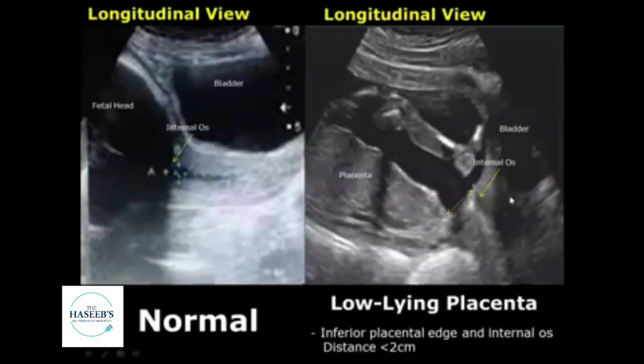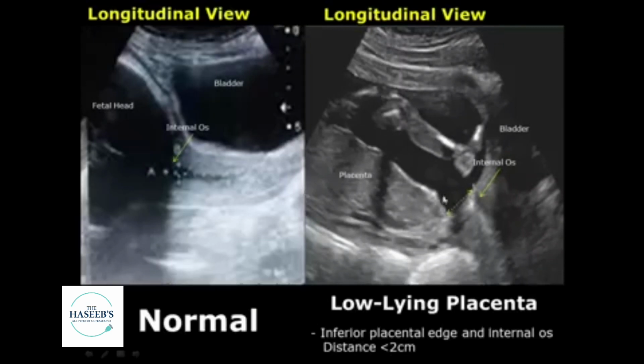Examining the location of the placenta is very important in determining whether the patient will have a C-section or a normal delivery. Over here is the cervix, and this junction is the internal cervical os, and you can see the fetal head. This is good because the fetus is in cephalic presentation.